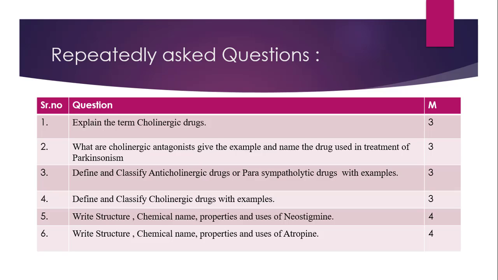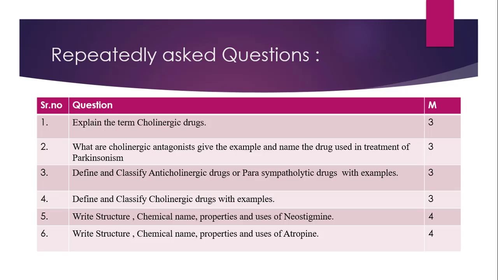So this question comes for 3 marks. Then coming towards question 3. Question 3 says, define and classify anticholinergic drugs or parasympatholytic drugs with examples. So here they are asking for the anticholinergic classification. They are not asking about the cholinergic classification.